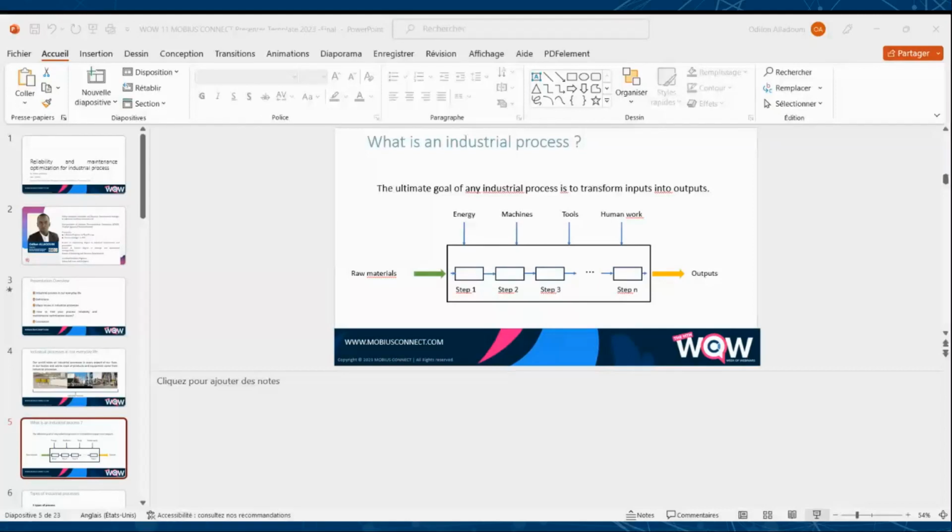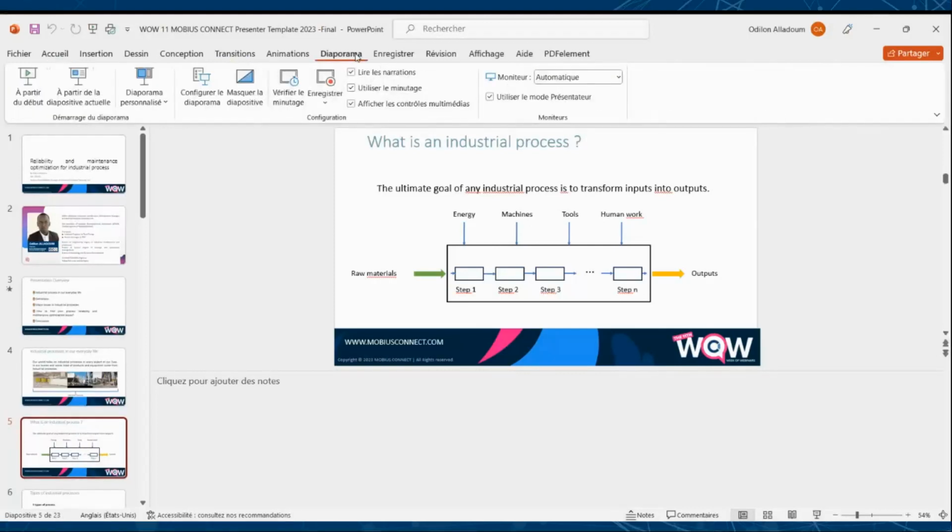Do you have more than one screen? No, I have just one screen.